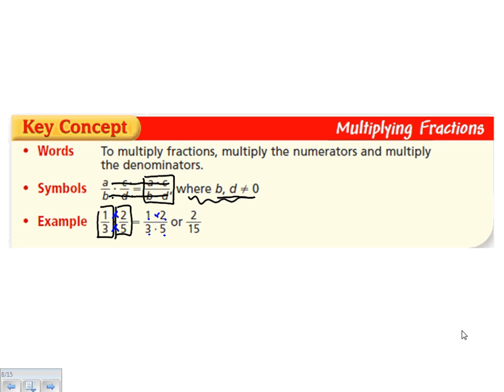Now you just multiply these, and we get 1 times 2 is 2, and 3 times 5 is 15. So 1/3 times 2/5 equals 2 over 15.